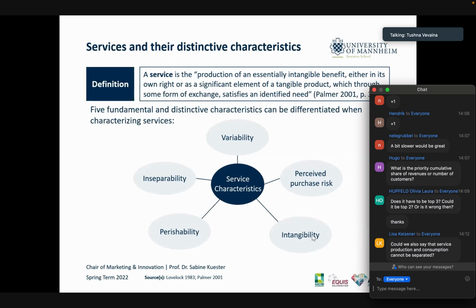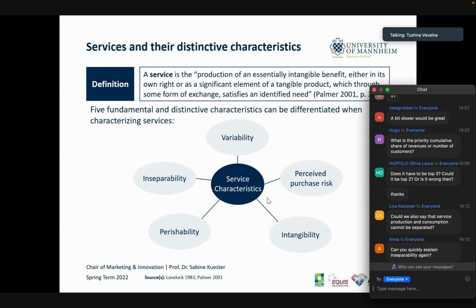A service would be perceived as intangible from a customer's point of view, and perishable from both points of view. If it's intangible for the customer, it's intangible for the service provider too. But when we go through the examples, you'll see there's a certain customer focus and a certain service provider focus for each of these different characteristics.